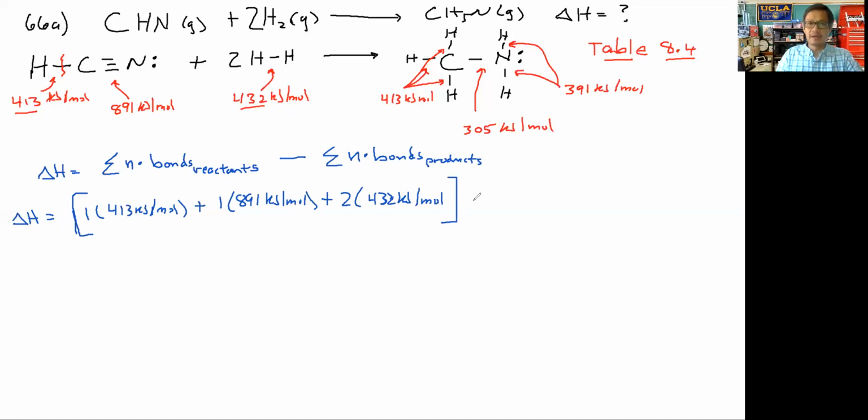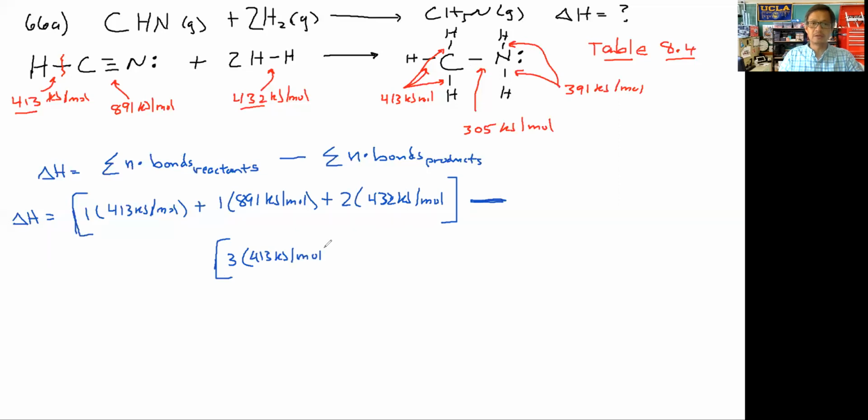All right. And remember, you've got to subtract here. We have to sum up everything for the products, and I'll write it underneath here. So we have 3 carbon-hydrogen bonds on the right-hand side. We have 3 carbon-hydrogen bonds that form, but just write down this number here. That's going to be the positive value. This negative sign from the equation will make it negative, which means this side is exothermic and that one is endothermic. So we have 413 kilojoules per mole.